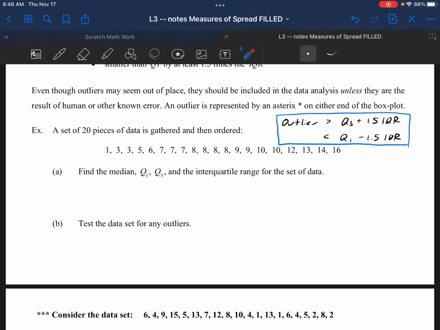Okay, so I'm going to have to give you some time to put these in and find the summary stats. But yeah, we have 20 pieces of data. We don't know what they are, but we want to find the Q1, the Q3, and the IQR. Okay, so you're going to do your same thing, calc, one variable stats.